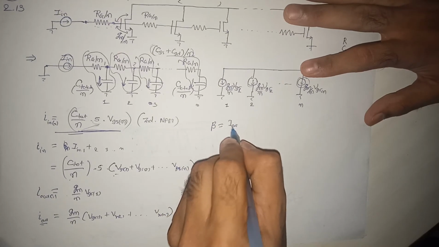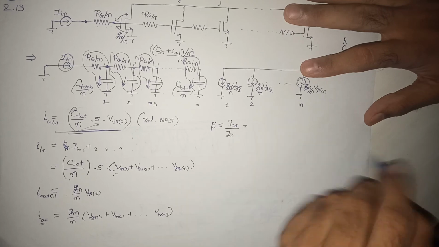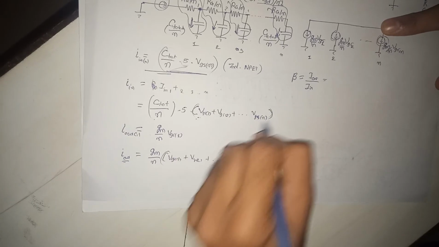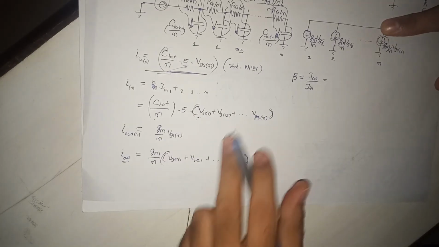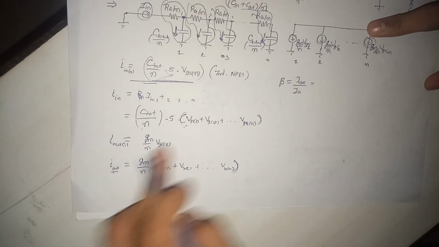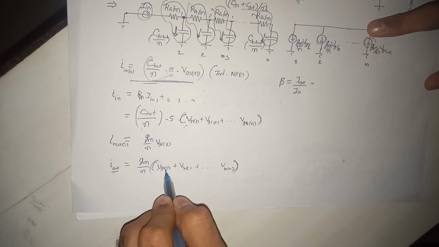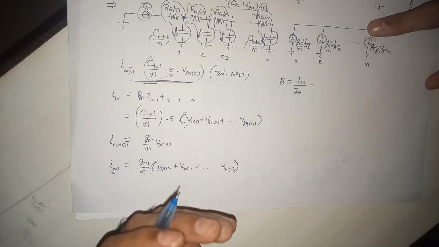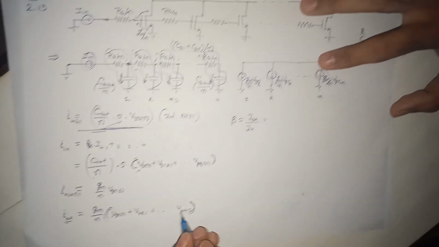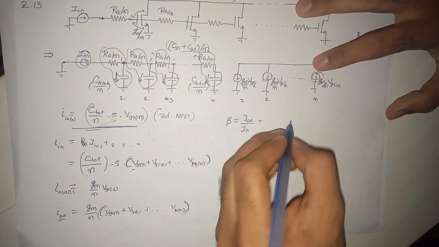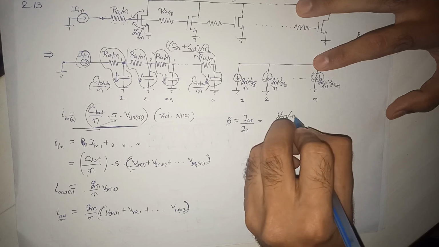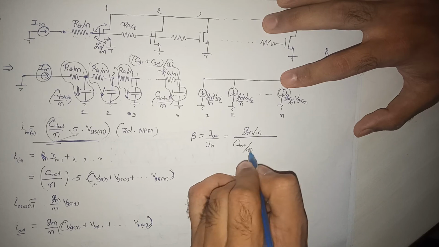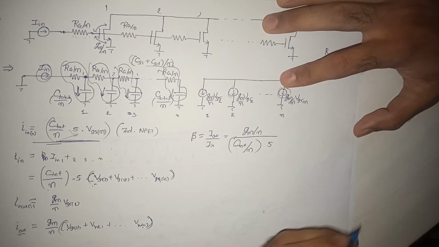I out upon I in. This quantity and this quantity are the same in numerator and denominator, so you can cancel them out. What remains is gm by n upon C total by n into s.